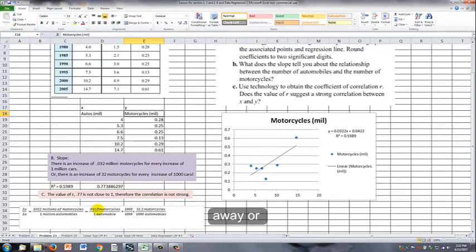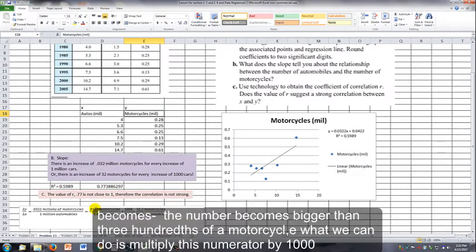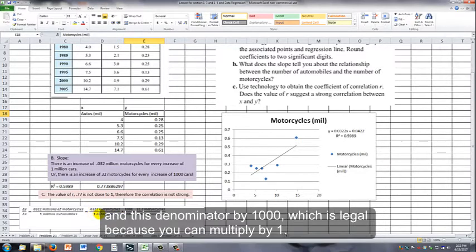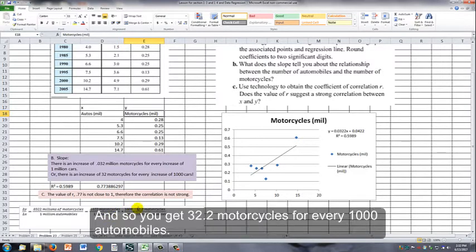And if you want to manipulate this so that the decimal goes away, or the number becomes bigger than 3/100ths of a motorcycle, we can multiply this numerator by 1,000 and this denominator by 1,000, which is legal because you can multiply by 1. And so you get 32.2 motorcycles for every 1,000 automobiles.